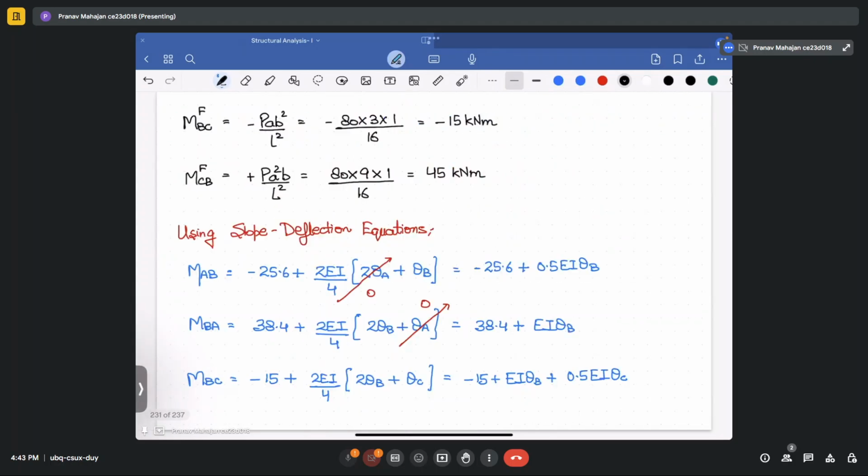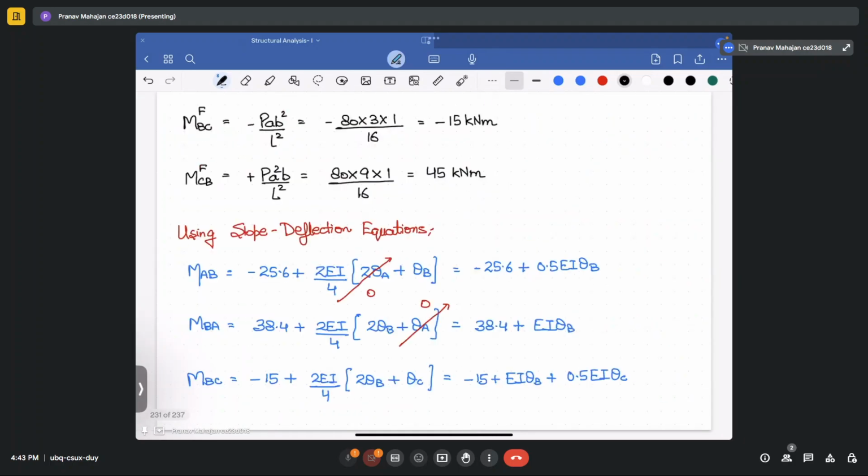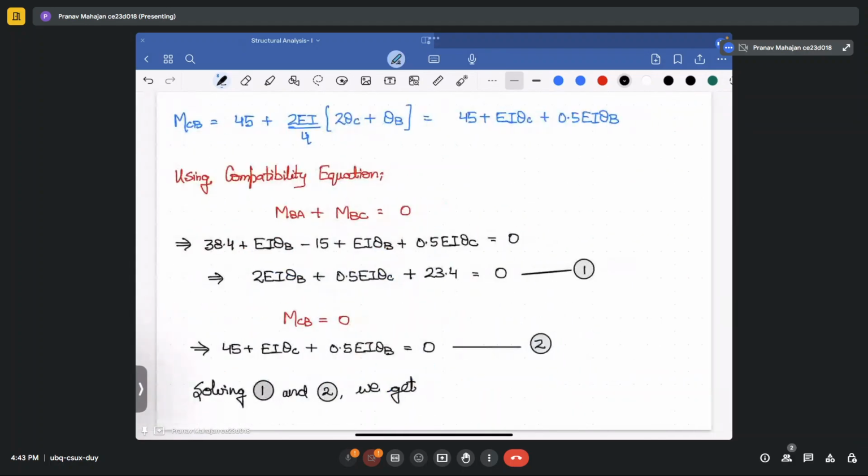Okay, so these are the things that we are required to calculate. I think in this question we are only required to calculate up to this part, the slope deflection equations.